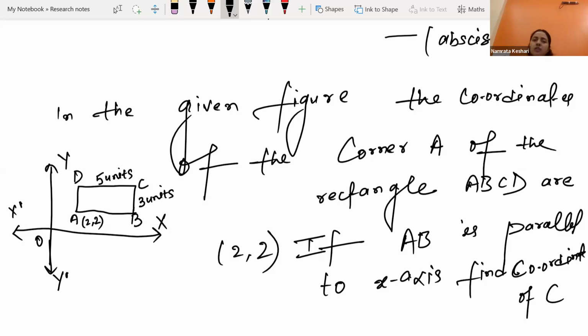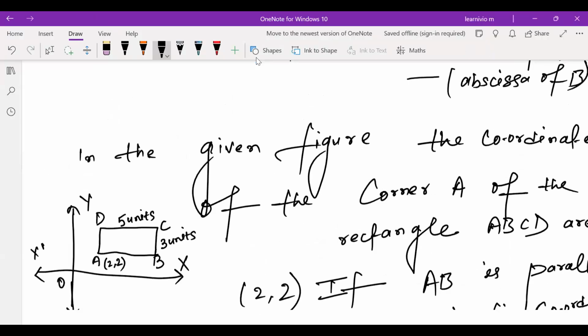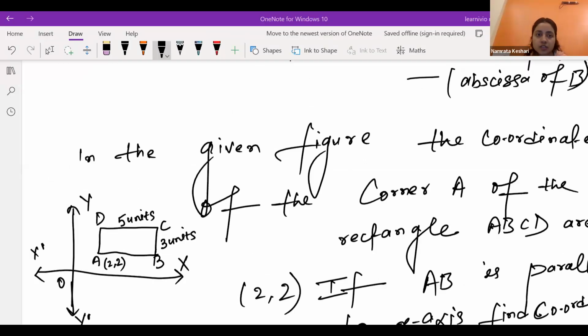Please check it. Can you do it? We have to find the coordinate of C. That's it. Please try it, and just give me a minute.